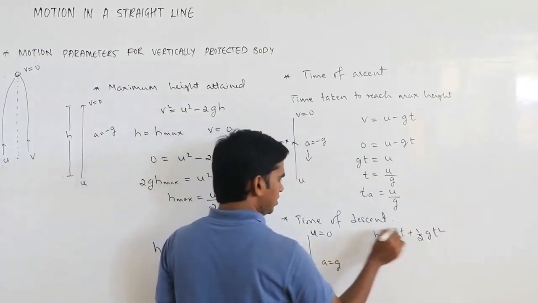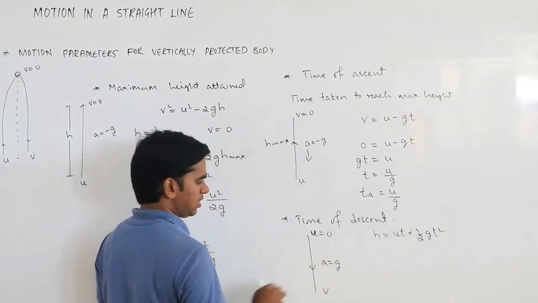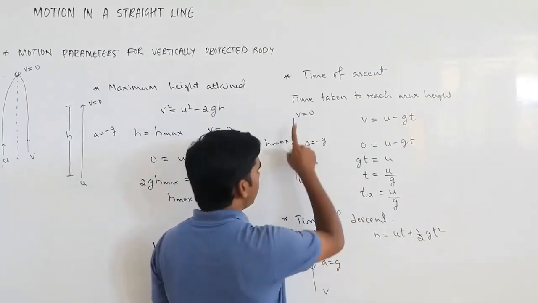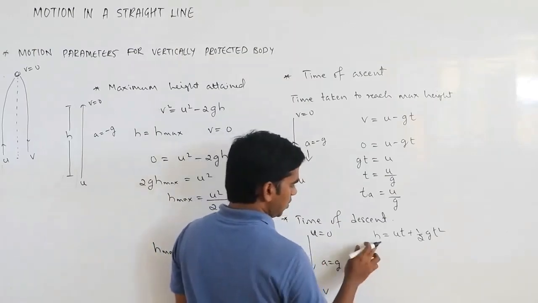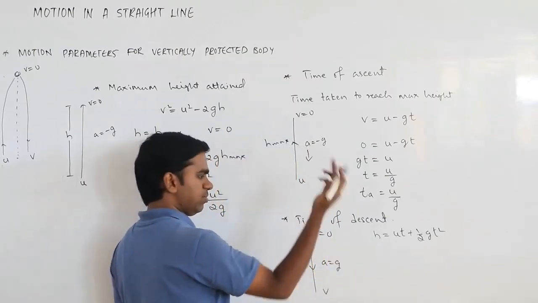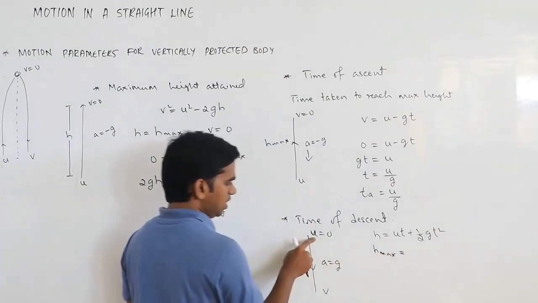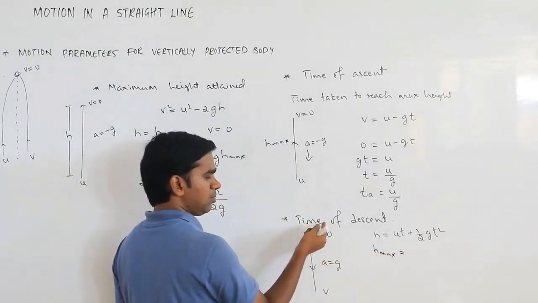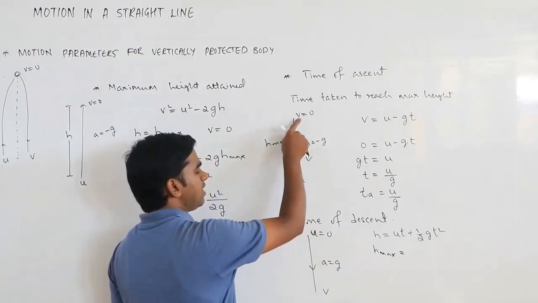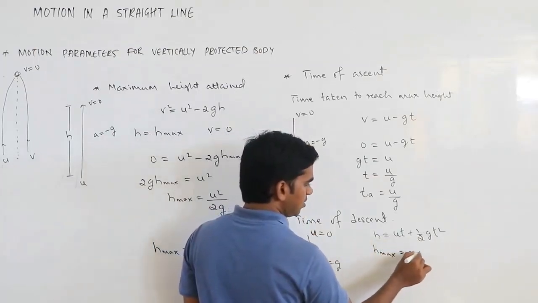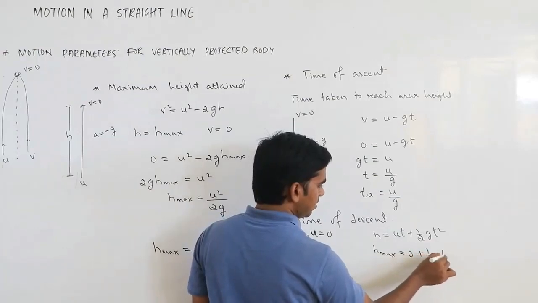Plus sign, because it is moving downward. So a equals g, not minus g. Moving upward it is minus g, moving downward it is plus g. So h is coming from maximum height, so h maximum equals u times t, where u equals 0. The initial velocity becomes 0 here, so this term becomes 0, and this is half g t square.